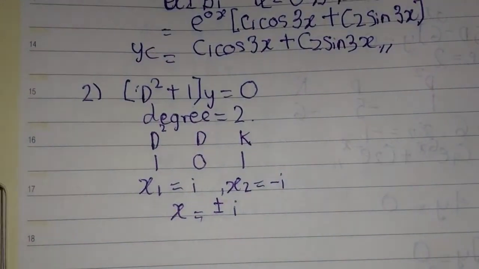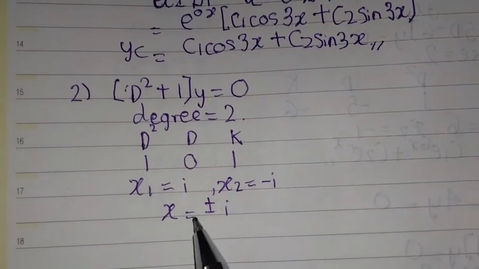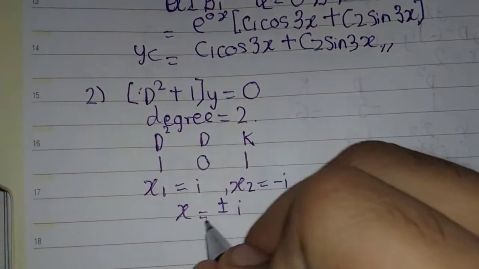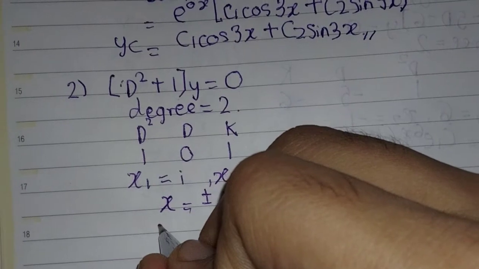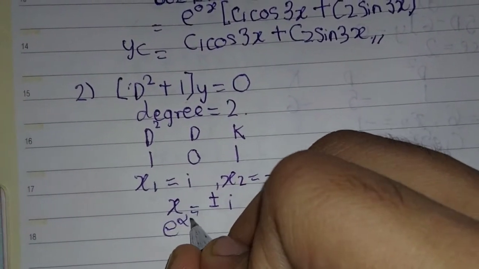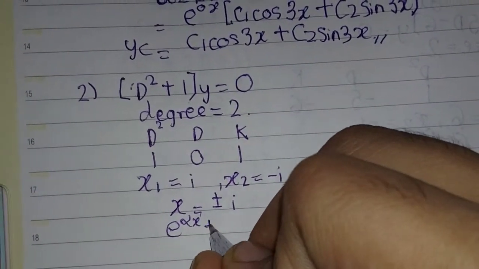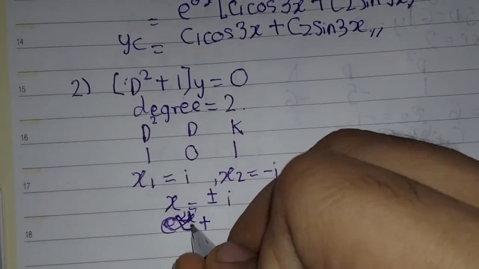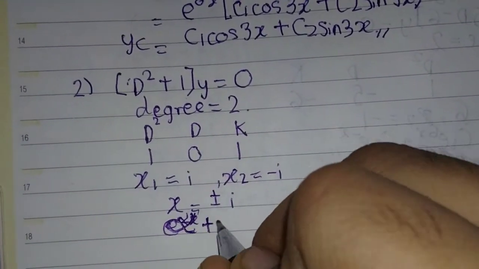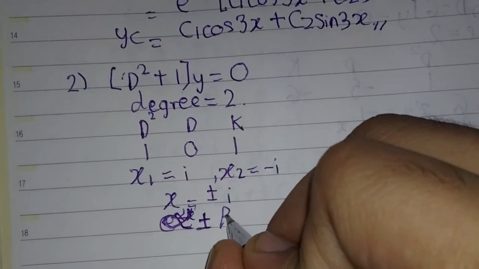Now, in order to get the alpha and beta values, comparing plus minus i with e raised to alpha plus minus beta i.